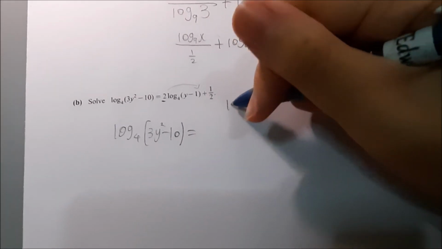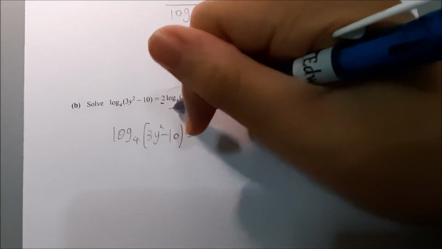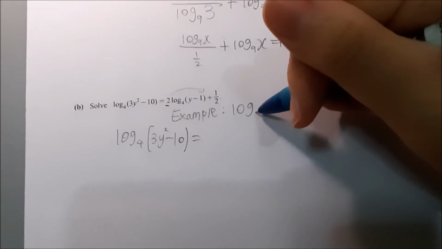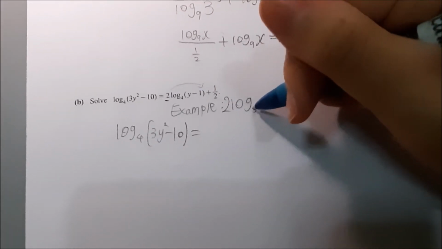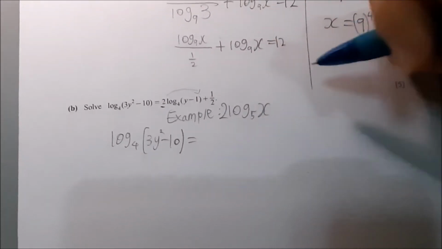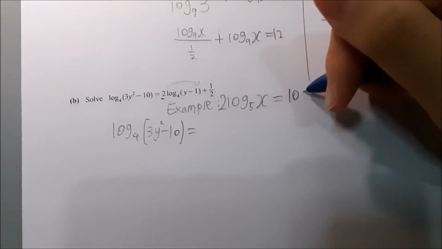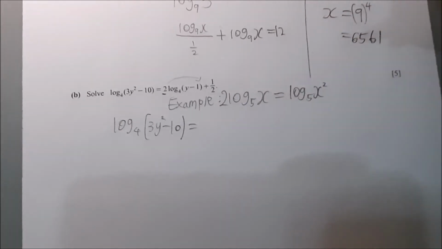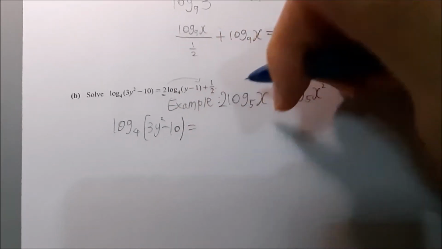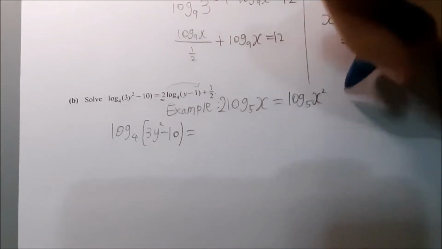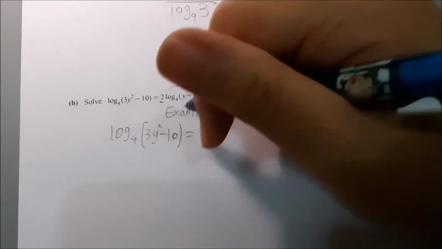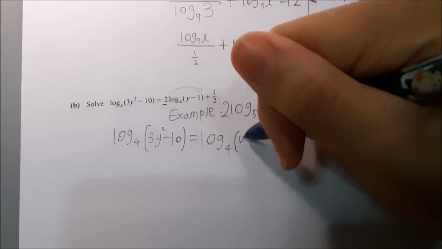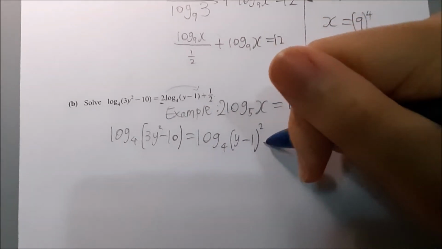So basically, for example, if I have 2 log 5 x, that can also mean log 5 x squared. So using this example, I can apply to here. So this 2 can be the power of y minus 1. So that would be log 4 y minus 1 squared plus half.